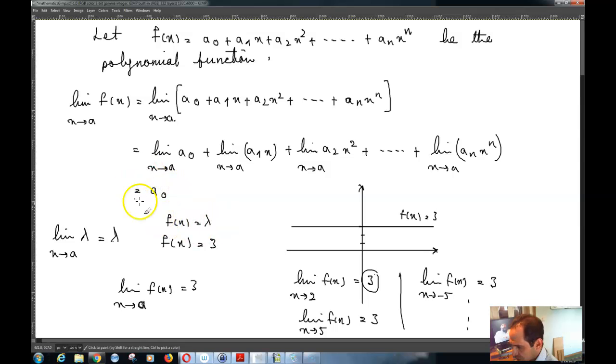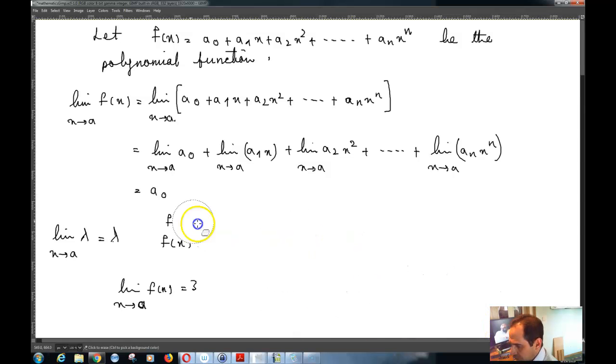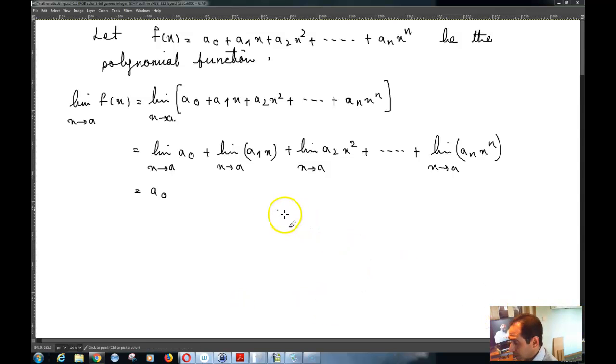It's just a constant number. And so that is that.